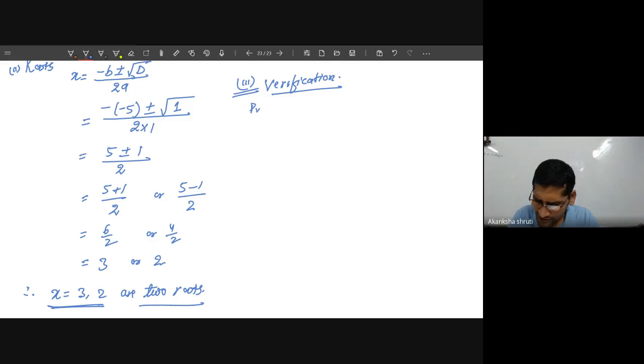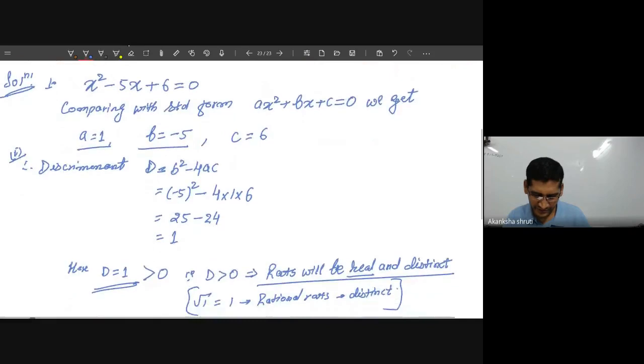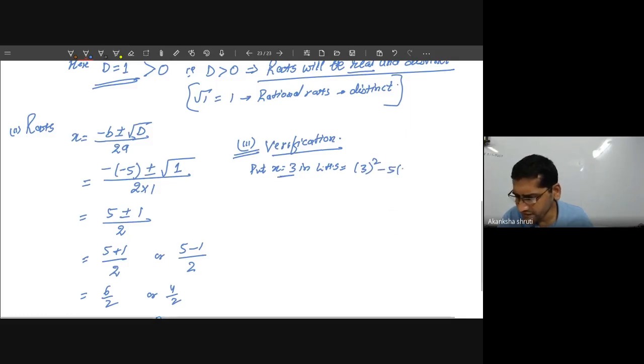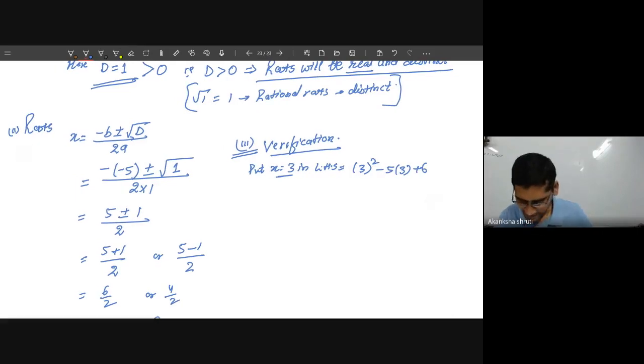So put x equals to 3 in LHS. How much does it become? Recall the equation, x square minus 5x plus 6. So we are substituting x equals to 3. So it is 3 square minus 5 into 3 plus 6. What are we going to get?